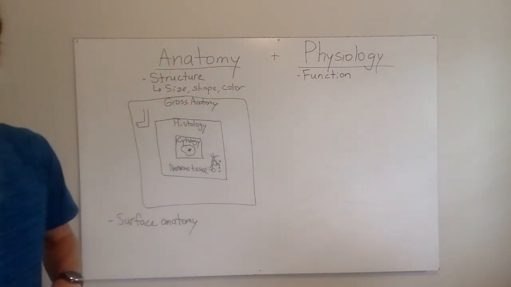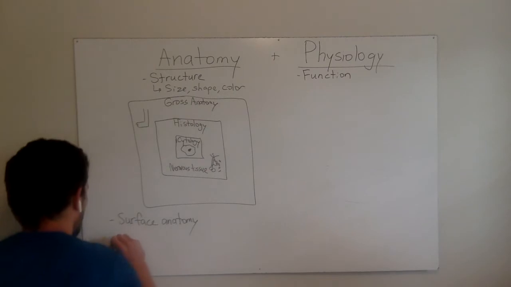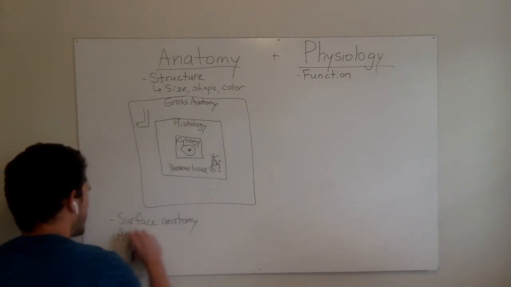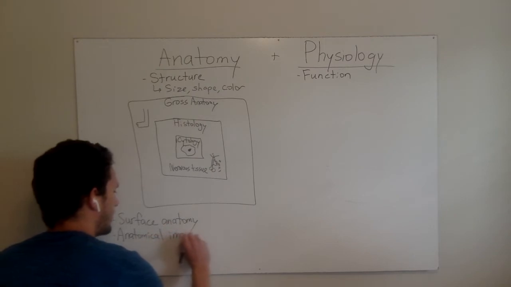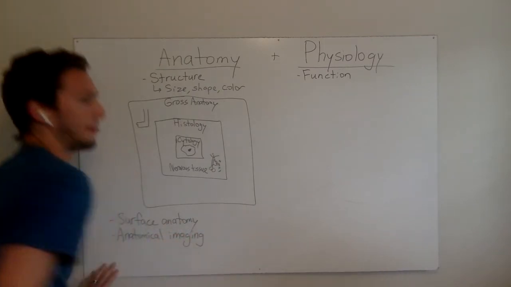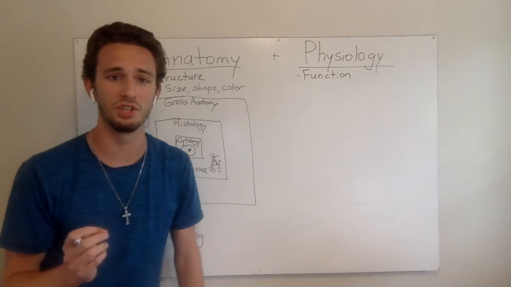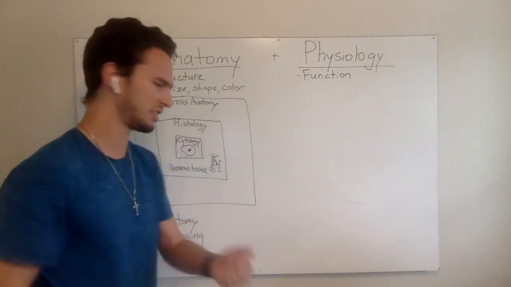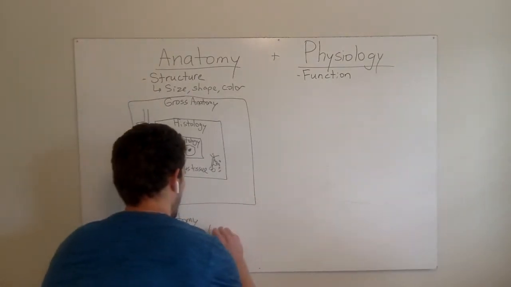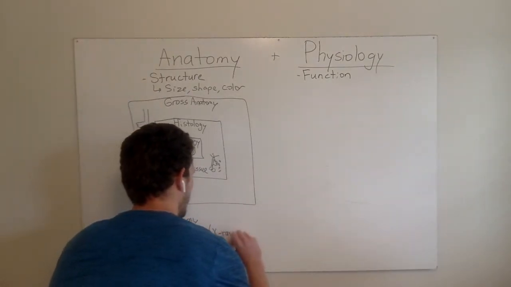And the other one is what's called anatomical imaging. Anatomical, meaning anatomy, imaging, meaning to make an image of. And there are several different types of imaging in anatomy. You actually should have if you've gone to a dentist. They use X-rays because those can really look at bones well.